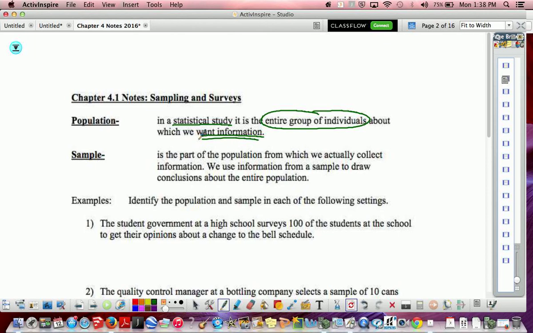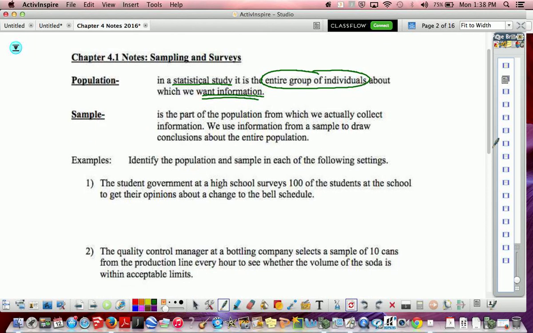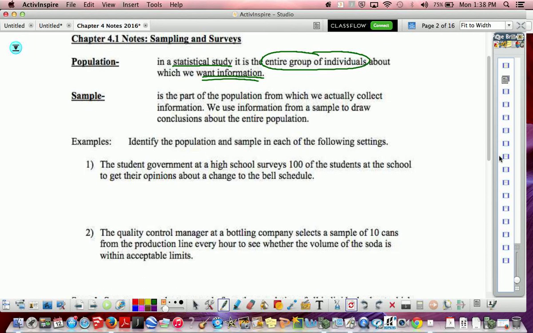Okay? So now, from this population, we collect a sample. Again, it's a part of the population where we actually collect information. So we actually gather and get information about that population.